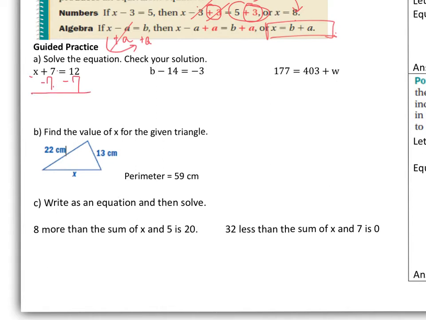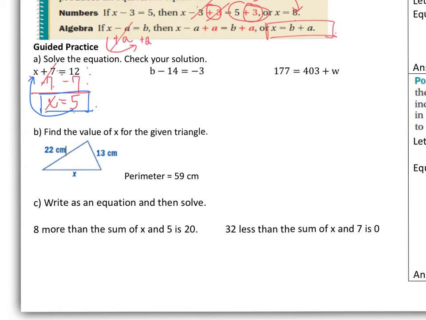The reason why I want to do that is because I want to isolate the variable x in order to solve for it. 12 minus 7 gives me 5. If I check 5 in the original equation, 5 plus 7 gives me 12. So yes, x equals 5 is your answer.